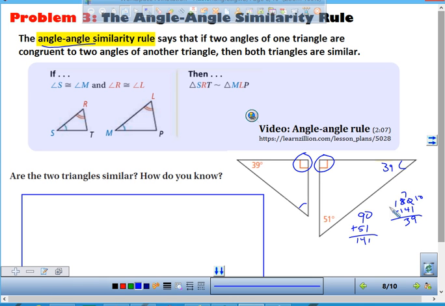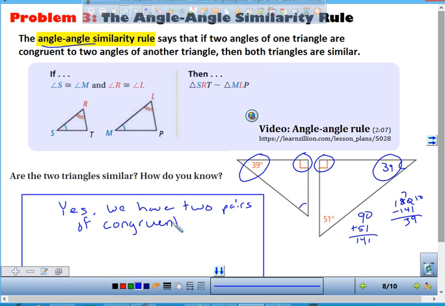What does that tell us? This is the same, and this is the same, right? So do I have two angles that are the same? Then these two triangles are similar. Are the two triangles similar? Yes. We have two pairs of congruent angles.